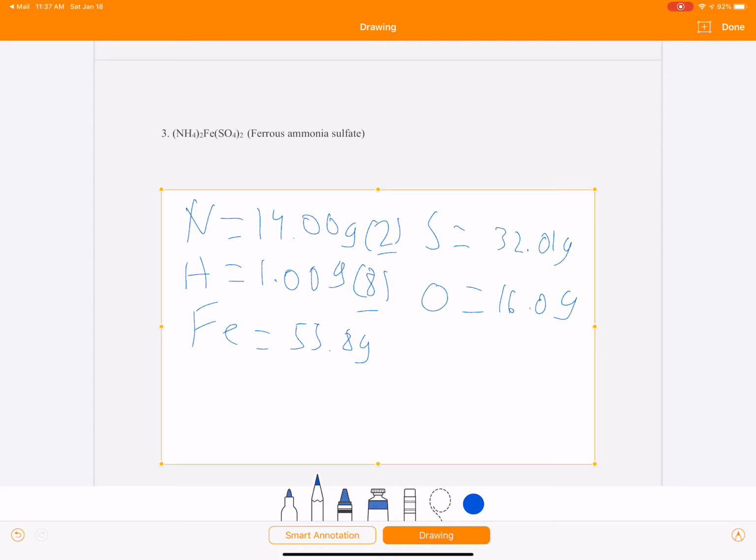Then you will see we have 1 iron, so that's just 1. And then we have 2 sulfur, because there are 2 sulfate. And we have 8 oxygen, because we have 2 sulfate, and each one has 4. So our molar mass here is 284 grams. Notice the significant figures, 3 sig figs, because our least precise value has 3, but nitrogen has 4.